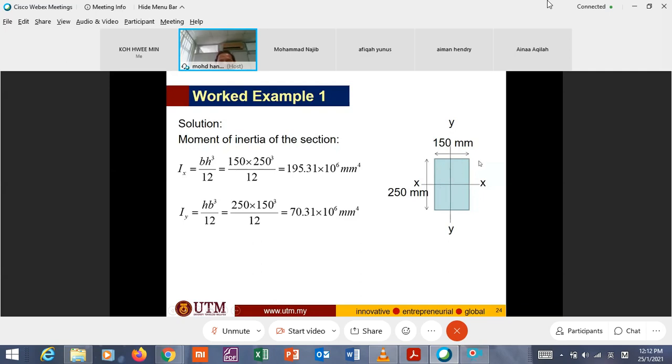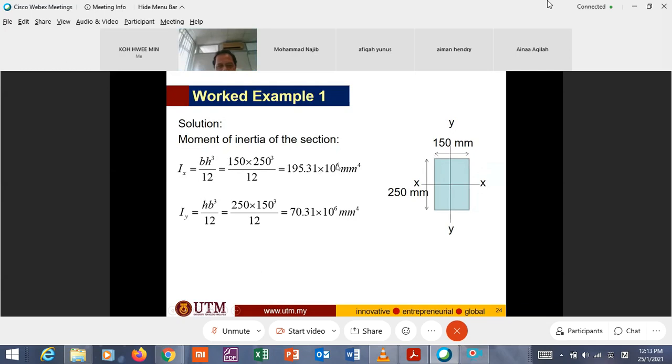So bending means bending about the x-axis. Ix equals BH to the power of 3 divided by 12, and Iy equals HB cubed over 12, where B is equal to 150, the breadth, and H is the height of this section. And this is the answer.